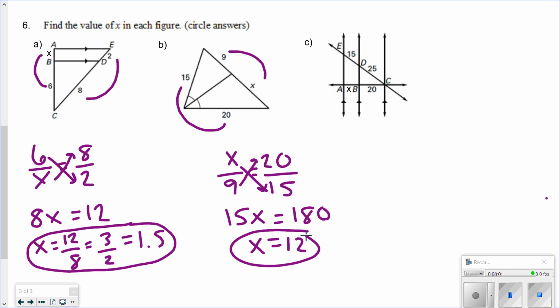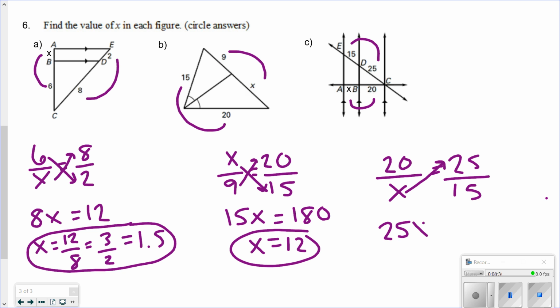And finally, I'm going to set up a proportion once again. So I have 20 divided by x is equal to 25 divided by 15. Cross multiply, 25x is equal to 20 times 15, which is 300. Divide each side by 25, and x is equal to 12.